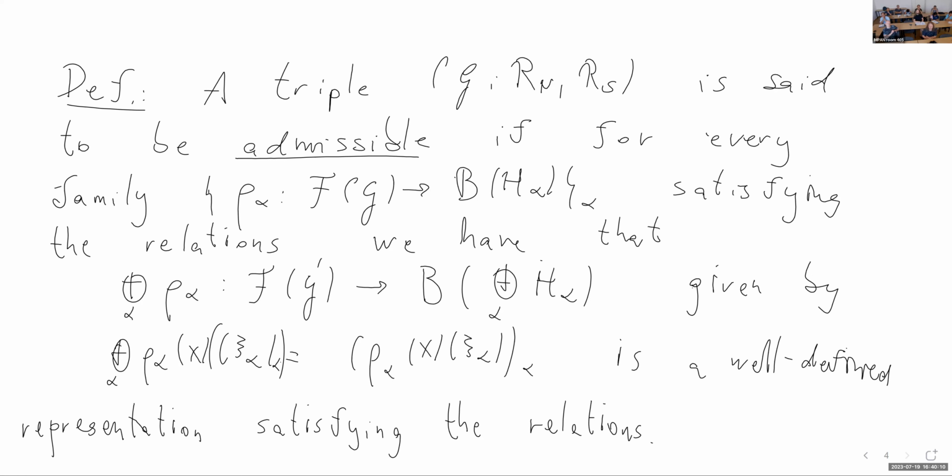And this admissibility condition is the one that allows us to give a bound in the C*-norm of the elements of the pre-algebra. So if it's admissible, every element in the algebra is going to be bounded for our representations at the same time by a certain constant.